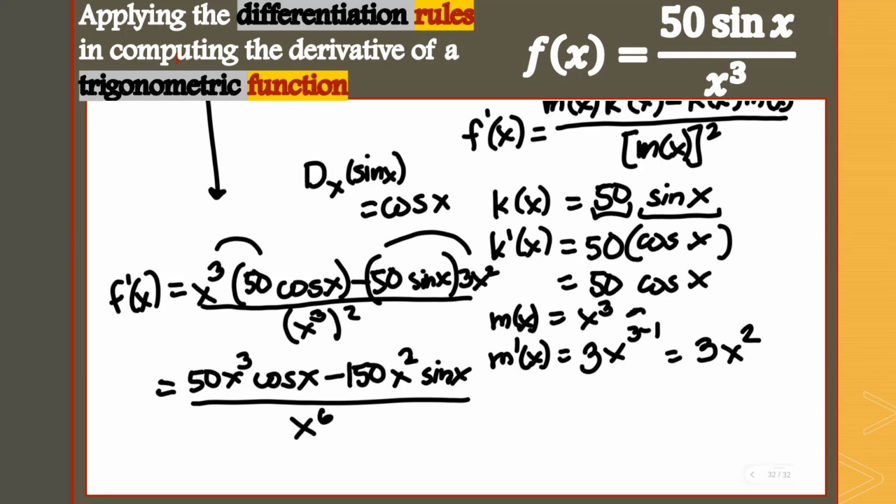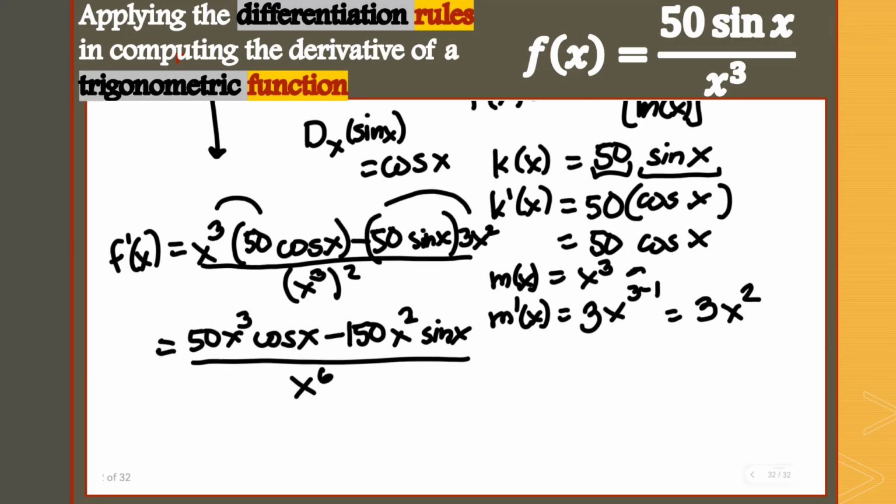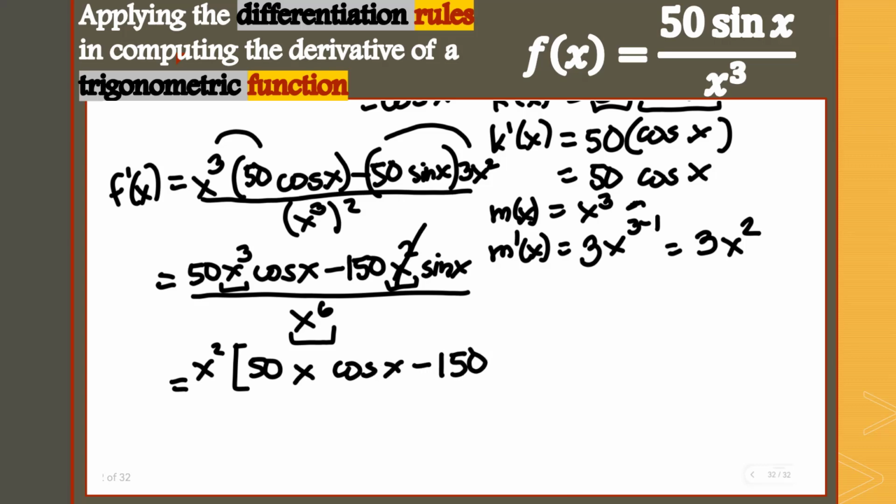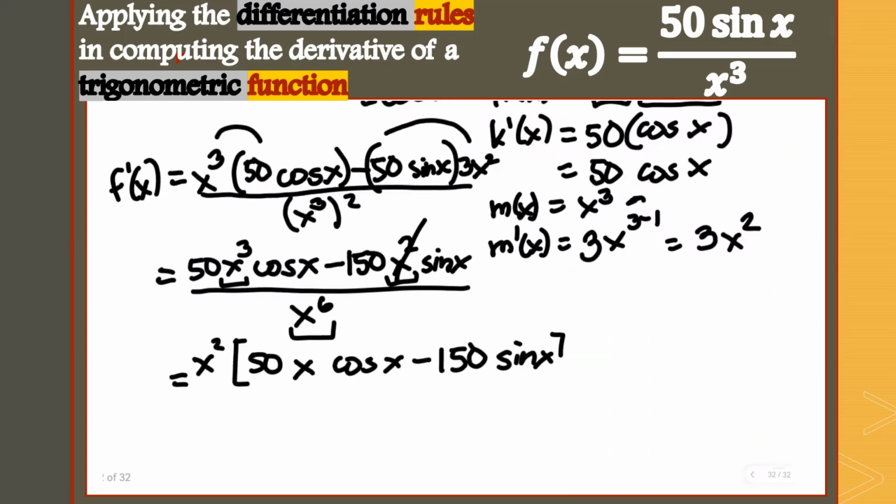However, if you are required to simplify, you really need to simplify because you have here x cubed and x squared, and something can be simplified here. So you factor x squared on both terms of your numerator. As you take out x squared, you only have 50 x cosine x minus 150, sorry, sine x, all over x to the power of 6.